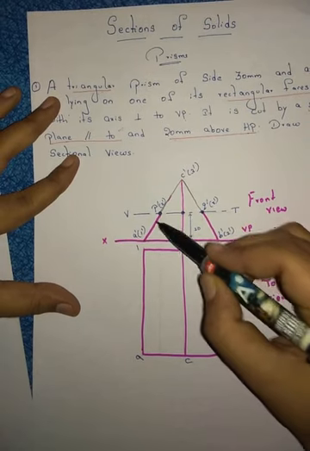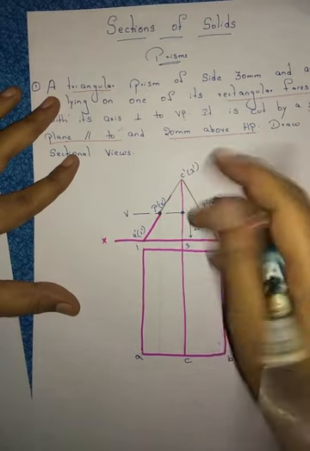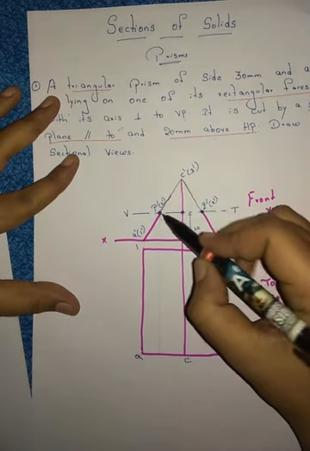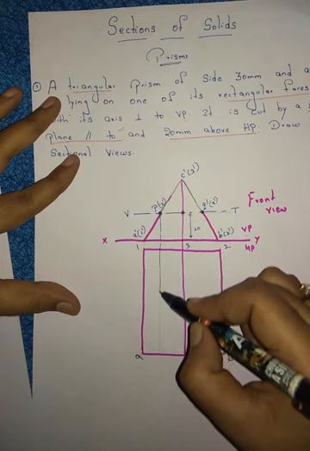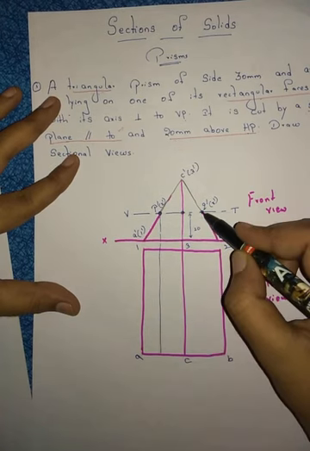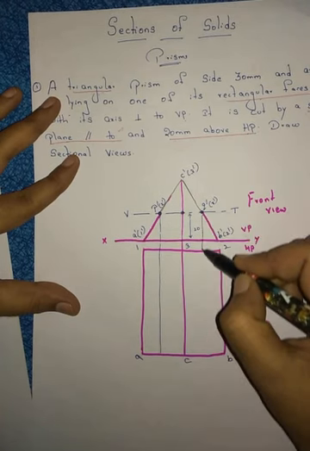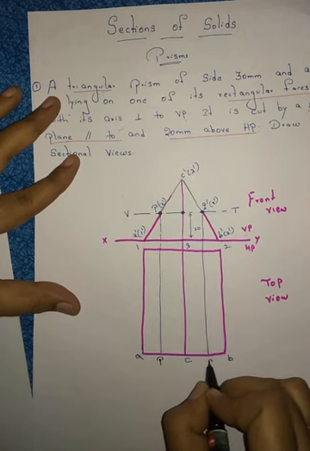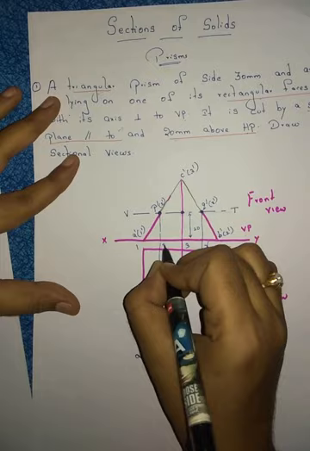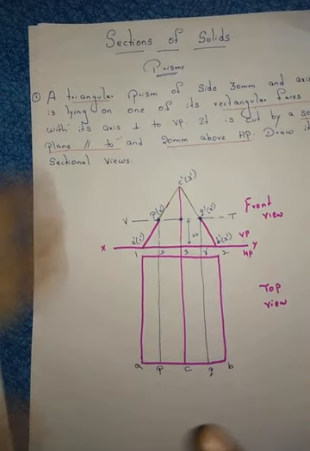Right? Now next, after drawing the sectional plane, you have to project those points. So how to project? From P, draw a straight line. From Q, draw a straight line, right? Name the points P, Q, R, S. So this is the sectional view.